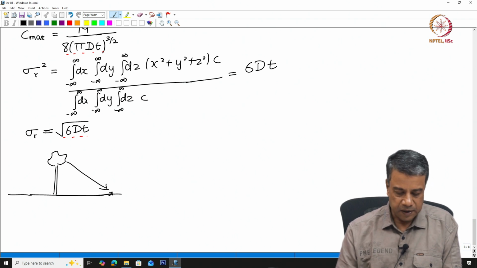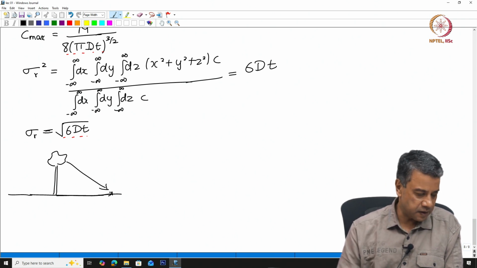You can estimate the distance and the time at which the concentration passes through a maximum.